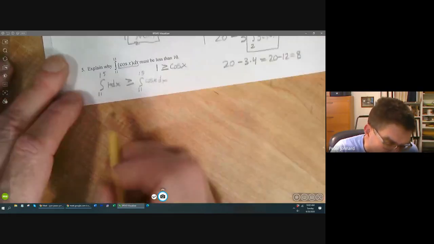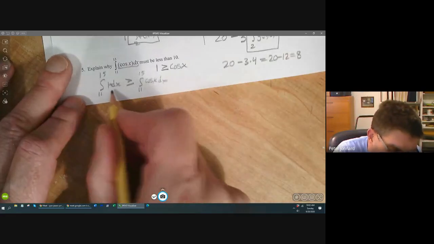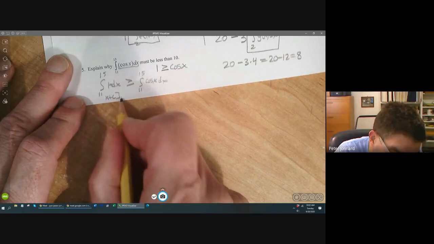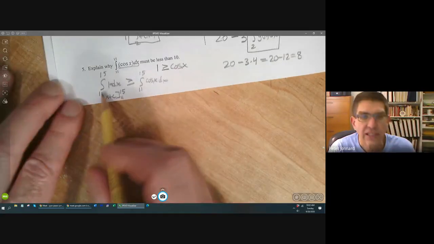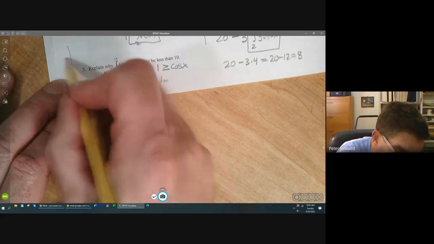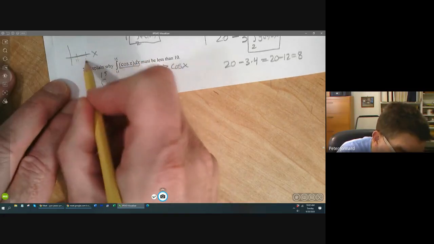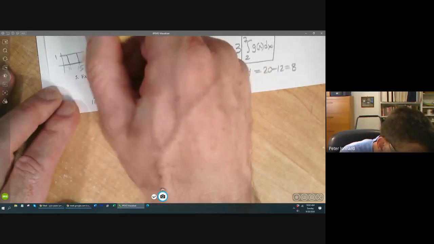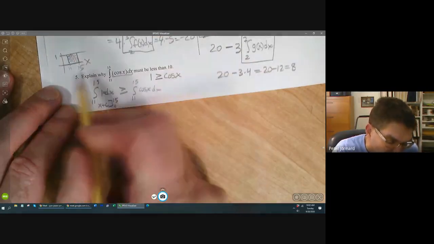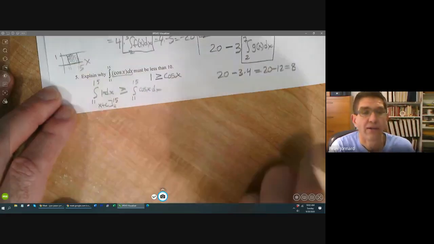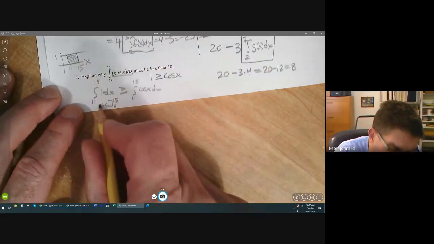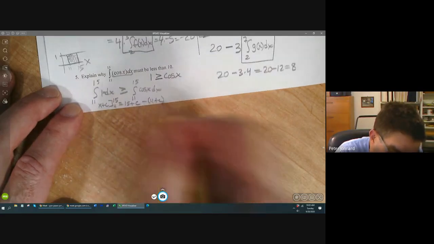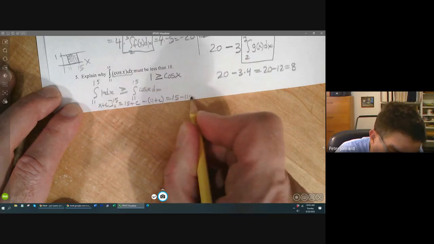Well, what is this one's area? If you integrate this, you would have x plus c, evaluated from 11 to 15. I feel a little silly doing that, because this function is a constant function, always 1, and we're asking for the area of a rectangle from 11 to 15, which we know is 4. But you could plug in 15 plus c minus 11 plus c, which is 15 minus 11, which equals 4.